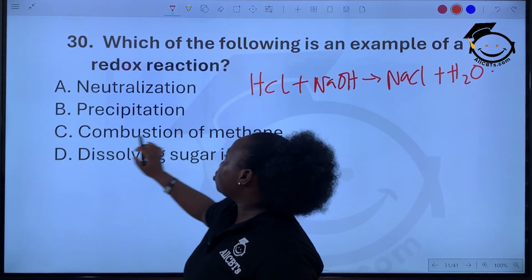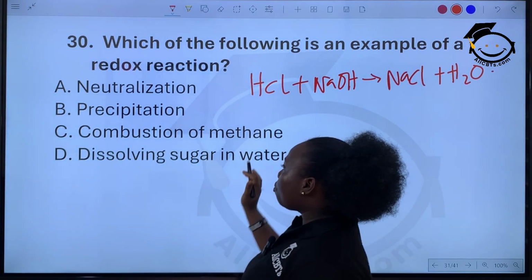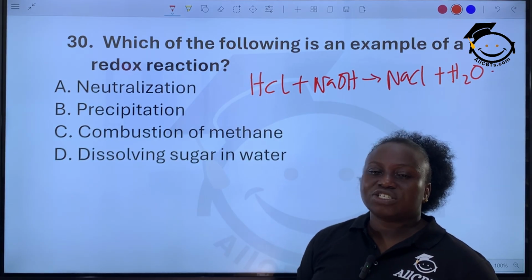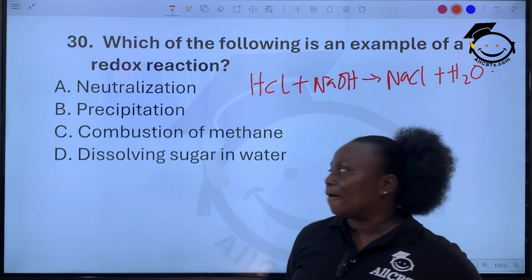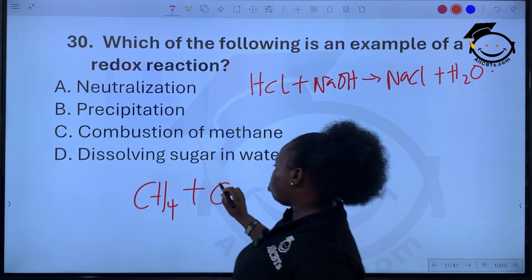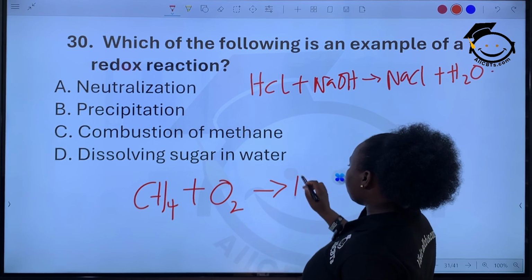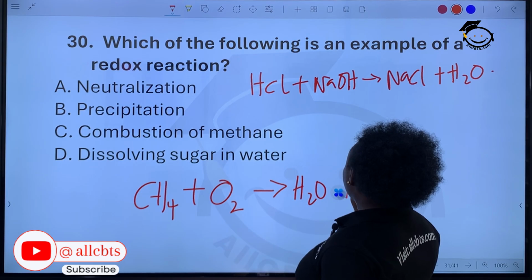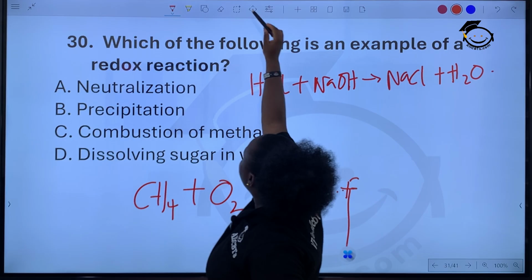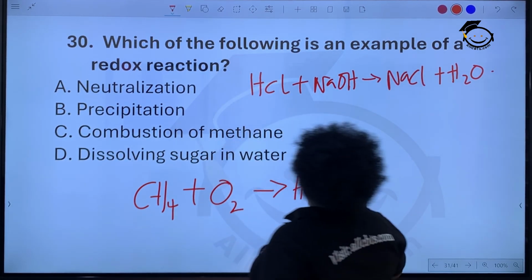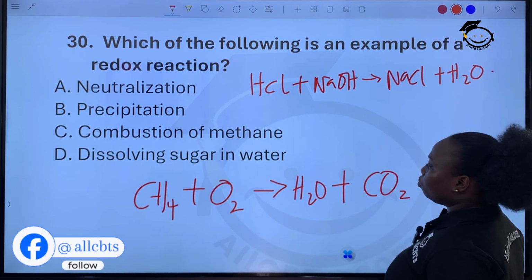When we look at the combustion of methane, let's write it. Now, what is combustion of methane? This is when methane burns in the presence of oxygen to give us CO2 and water. Now, let's say CH4 plus O2 will give us H2O plus CO2.